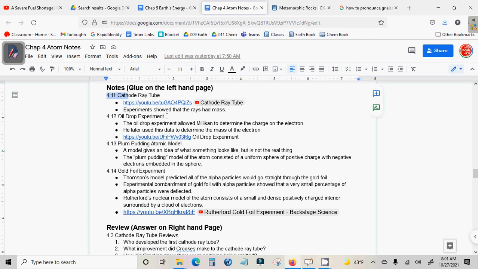Through testing, they showed that they must be particles, not electromagnetic waves. And J.J. Thomson showed that they had a very small mass and they were negatively charged. Millikan actually calculated the exact charge of the electrons.